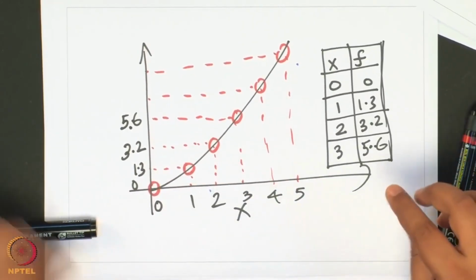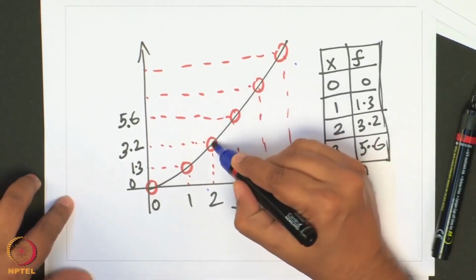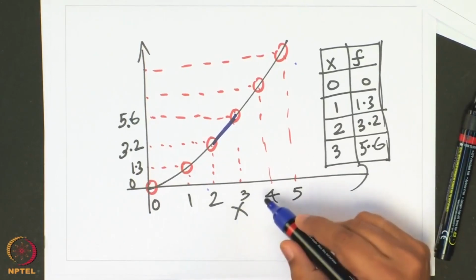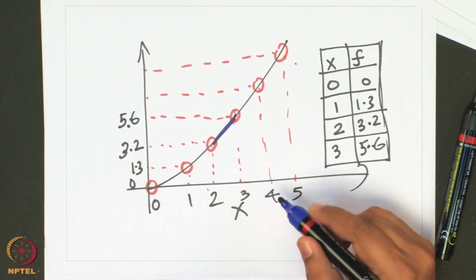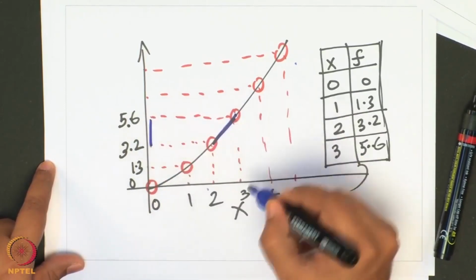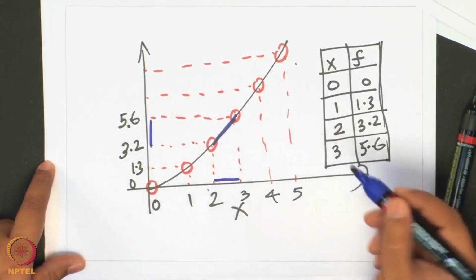Now if you want to calculate the derivative, the slope at any point here, if these values are close enough, we can accurately calculate the slope, which is this difference divided by this difference.